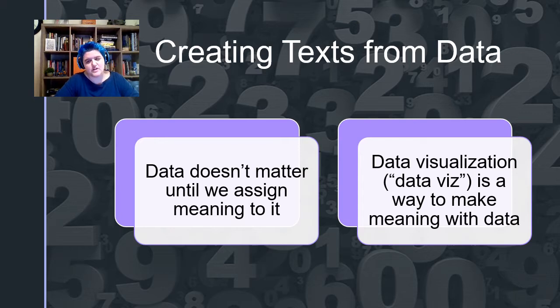Data visualization, or data viz for short, is a way to make meaning with data. And we are going to learn how to do that in this class today. And we are going to use that as a practice throughout this course as a way to think about our own interactions with different forms of media.